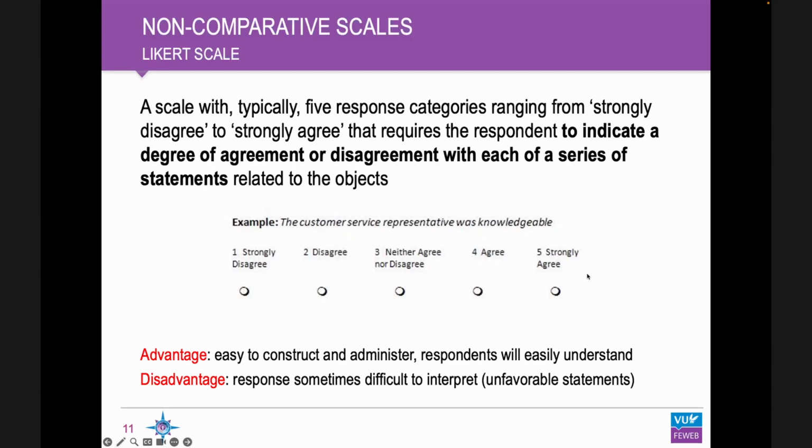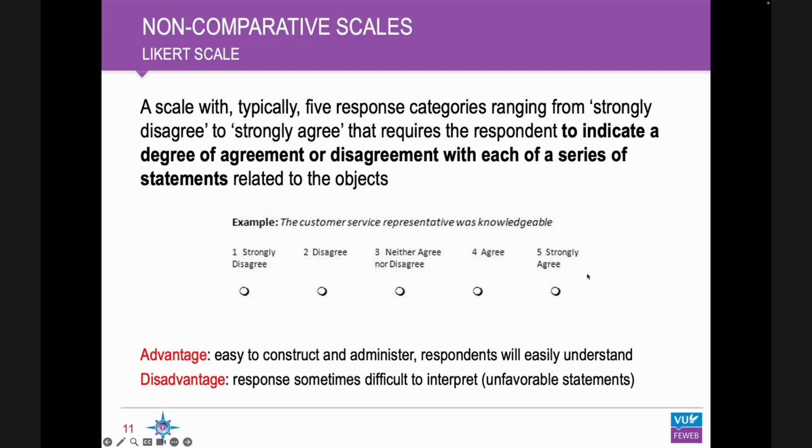And the semantic differential scale is again similar to the Likert scale in the sense that you have, I don't know, 5, 7, 9, generally an odd number of categories that are available to be chosen by the respondents. But now, at the extremes, you provide bipolar labels.